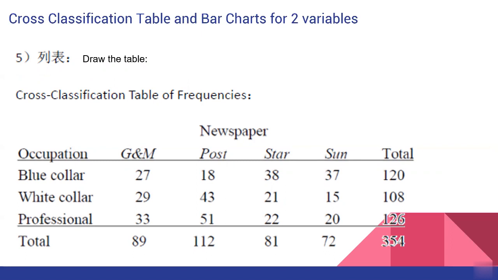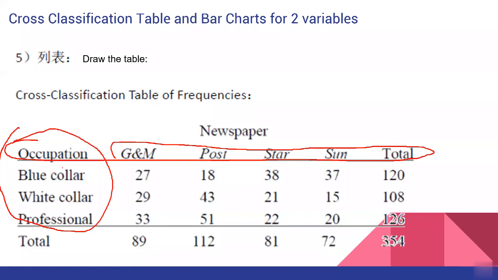The first row represents all the newspapers, and the first column represents all the 3 occupations, and we put the frequencies of each category into the table.